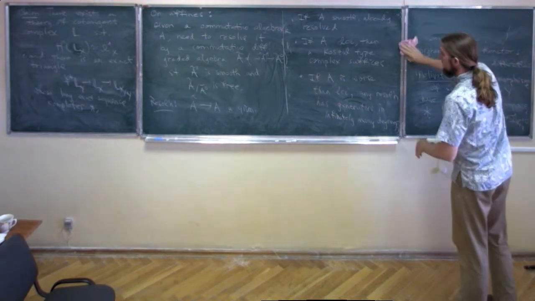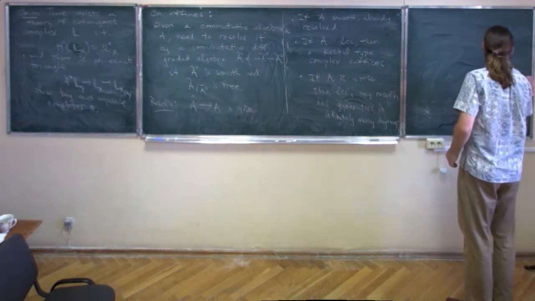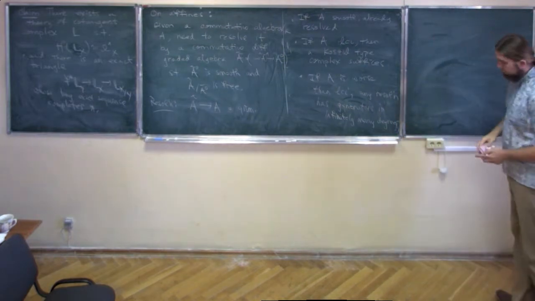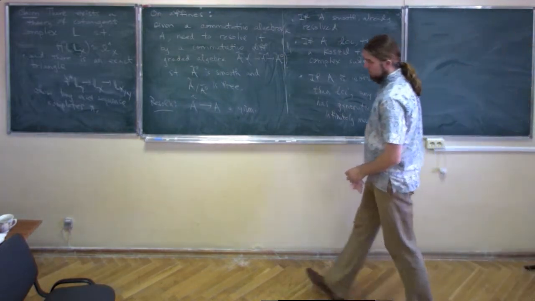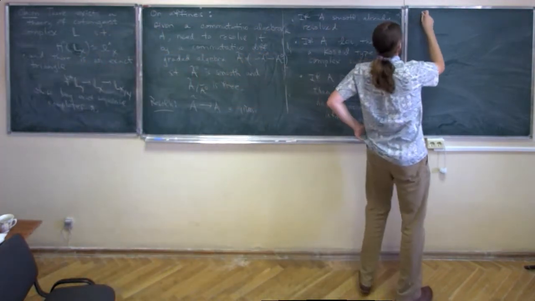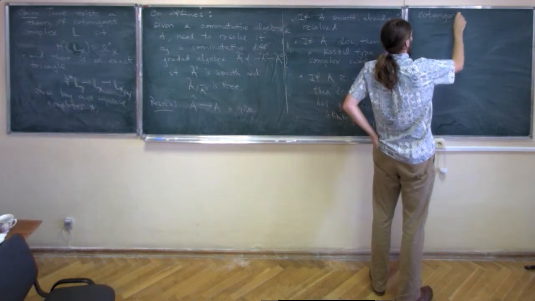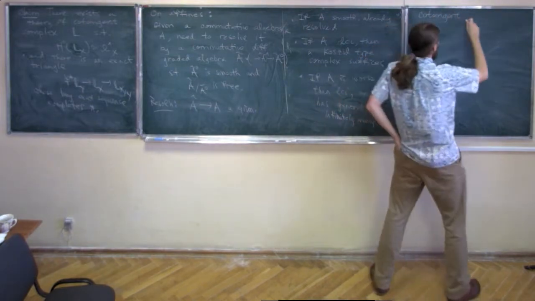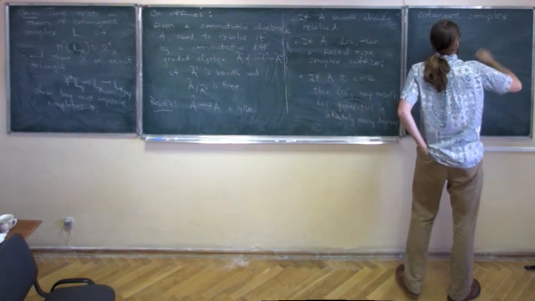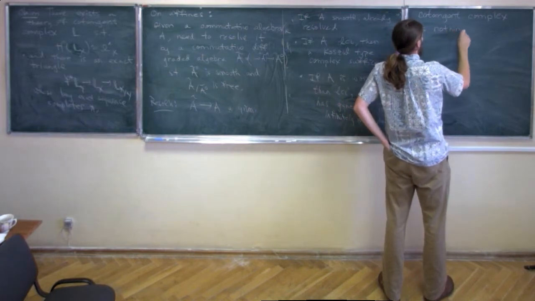So in terms of these resolutions, what is the cotangent complex? The cotangent complex is defined as a quasi-isomorphism. This is nothing but the Kähler differentials for a resolution.